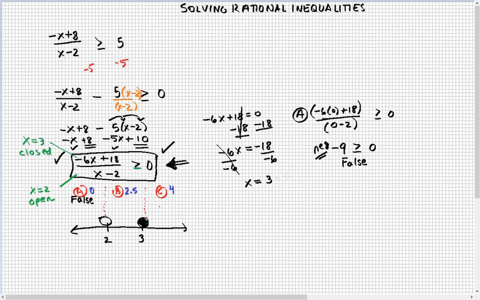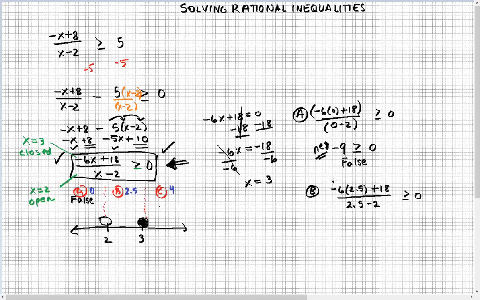Now you have to test region B. For region B, we're testing 2.5. Wherever you see the x in the inequality, we're going to put 2.5. So it's -6 times 2.5 plus 18 over 2.5 minus 2. Now, is this greater than or equal to 0?